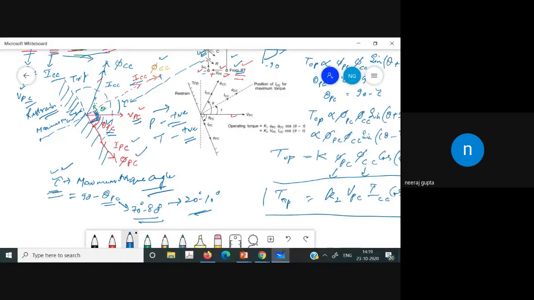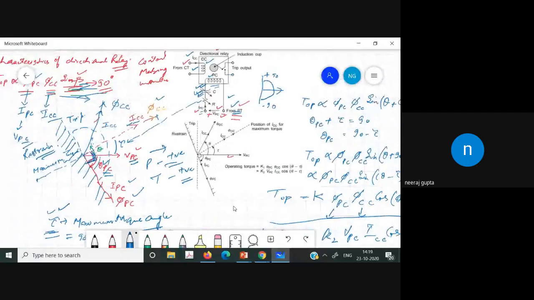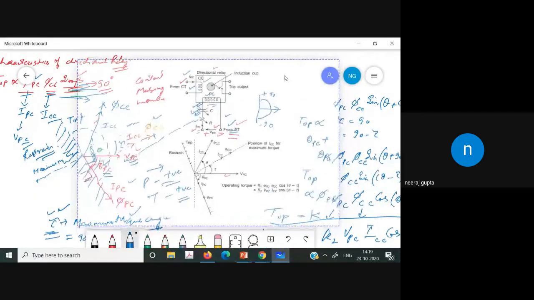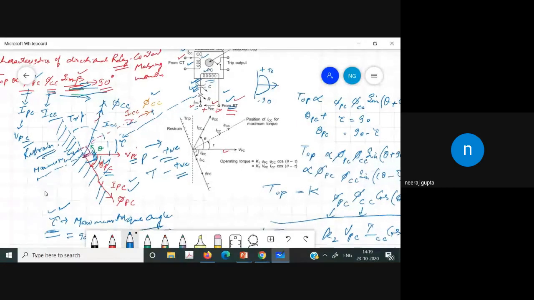One more point, this is actually the contact making wattmeter. In case of the contact making wattmeter, the circuit is highly inductive in nature. What does it mean?